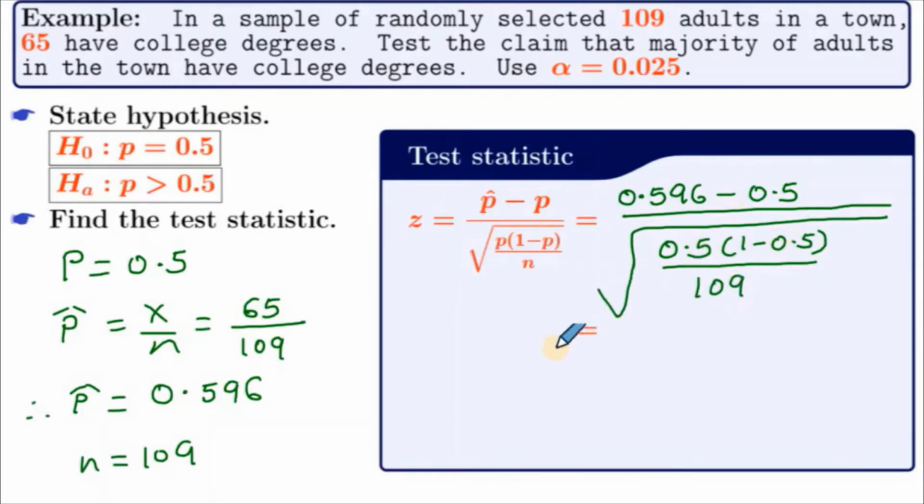So this whole thing comes out to be 2.001. So this is our test statistic.